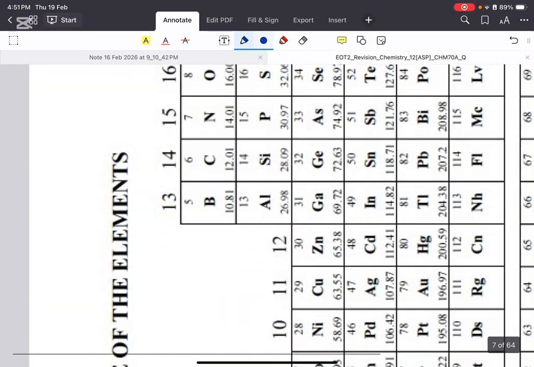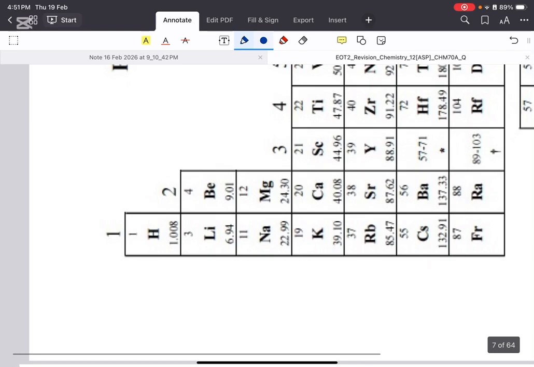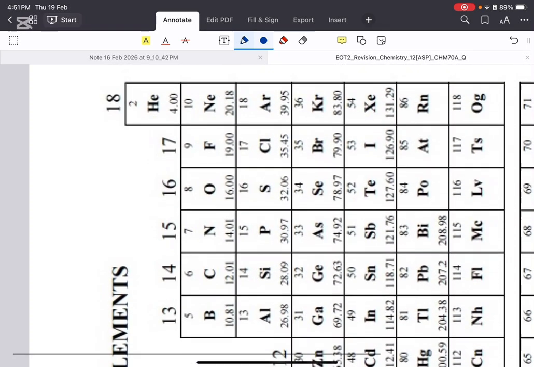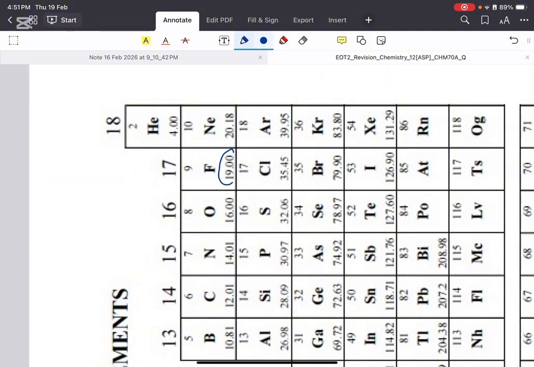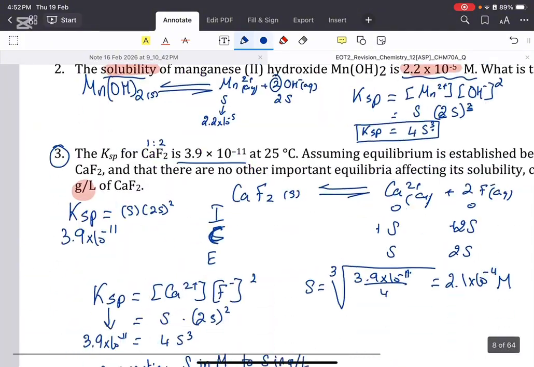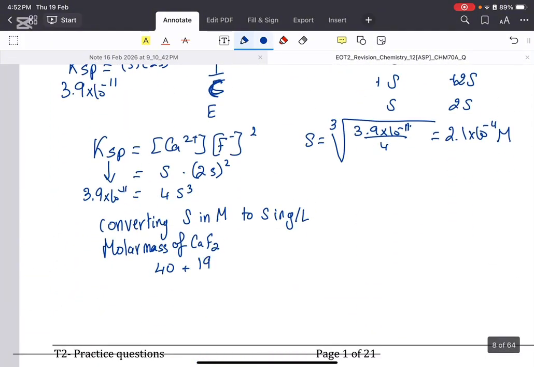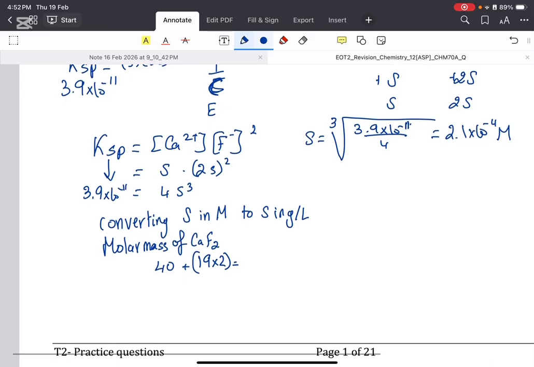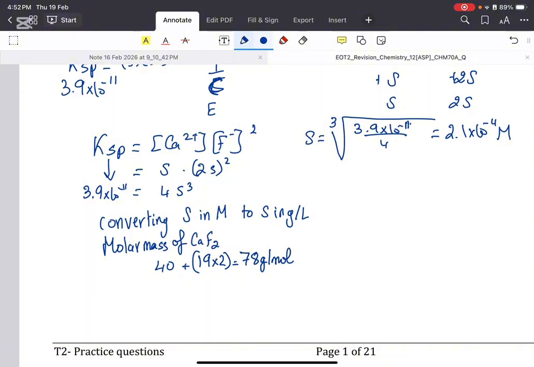I'm going to show you. You see, here is the periodic table. The larger number is the molar mass, and here is F. The larger number is the molar mass. So if I add 40 and 19 twice, I get a molar mass of 78 gram per mole.